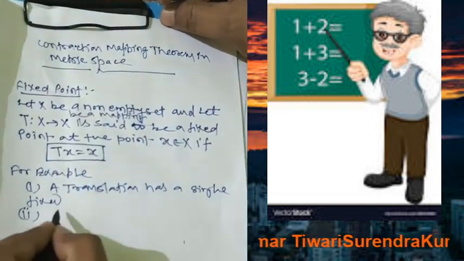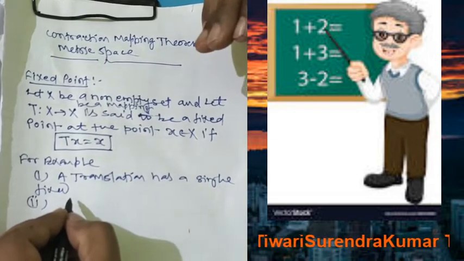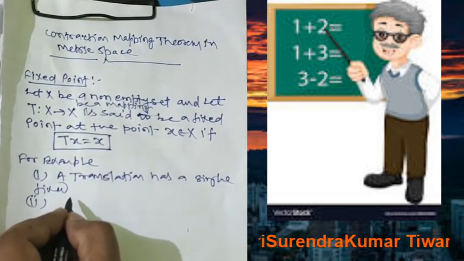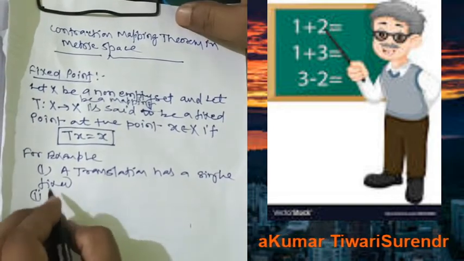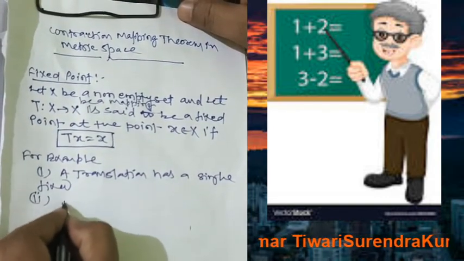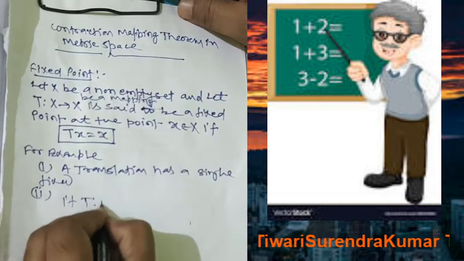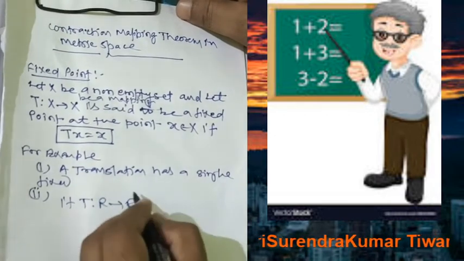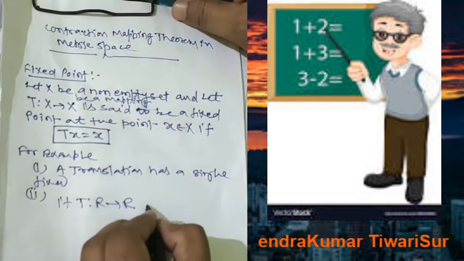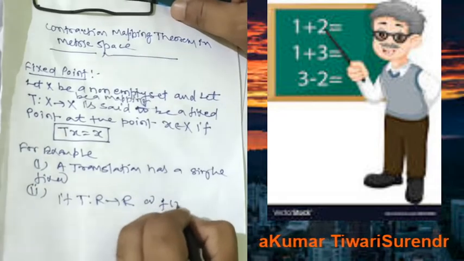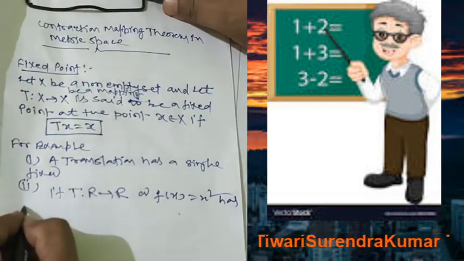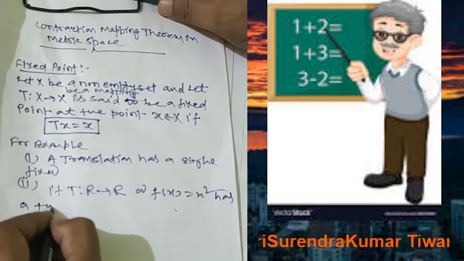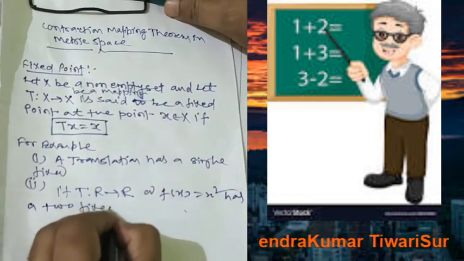Second, a rotation of the plane has a single fixed point. If T: R to R and the function f(x) is equal to x square, it has two fixed points.